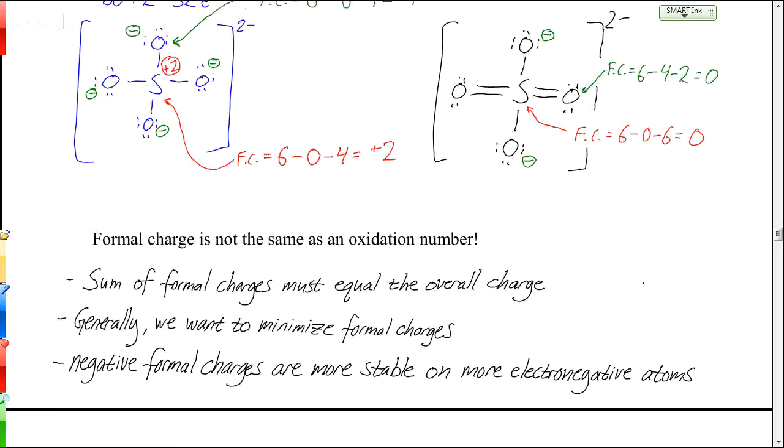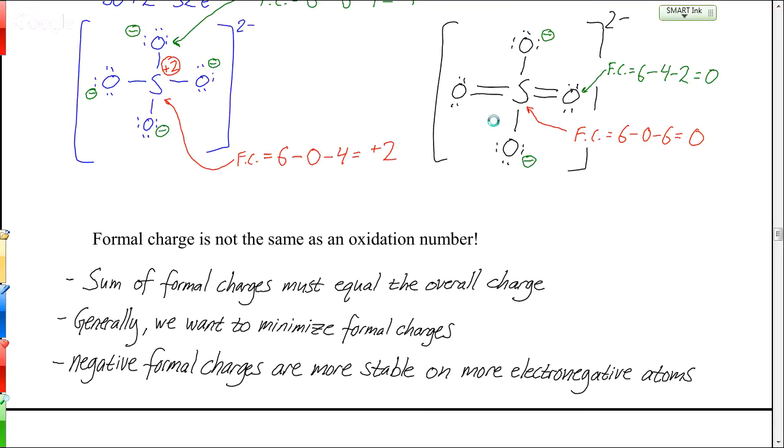So going back up to this example, if we put 2 more double bonds, so we had 4 double bonds instead of just 2, that would also lower our formal charges in that all the oxygens would be neutral, and the sulfur would have a formal charge of minus 2. But that's actually a worse structure because oxygen can better stabilize that formal charge than sulfur, because oxygen is a lot more electronegative. We'll use that a lot in judging these structures.